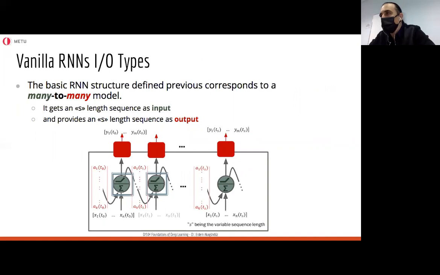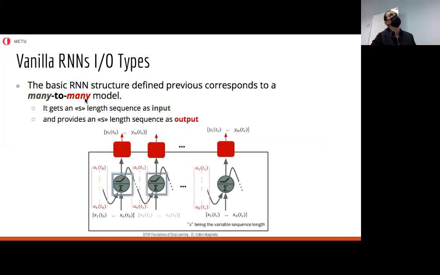But when we talked about the type of problems we could solve, we did not always talk about sequence-to-sequence problems. We talked about, for example, classification, which is a many-to-one problem, when you feed a sequence and make a single decision. This has been something close, kind of. So that is not a many-to-many problem. Can we make a many-to-one problem out of this architecture, and how? That's what we are going to explore now.